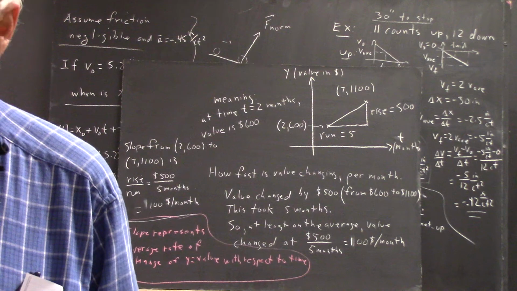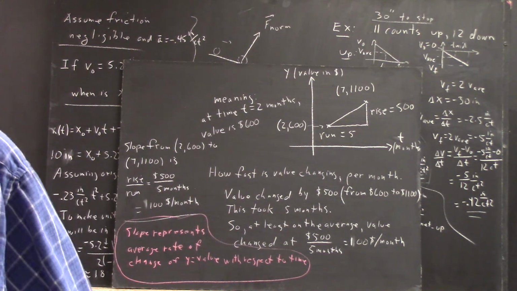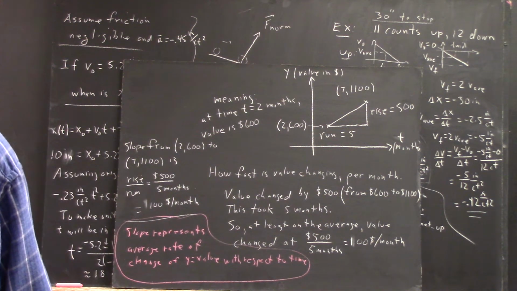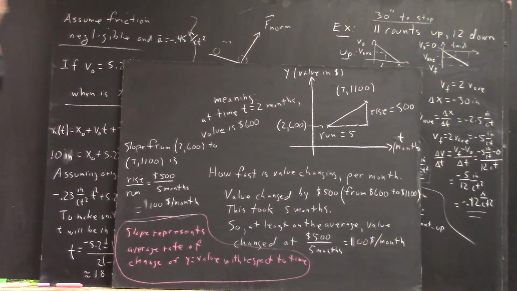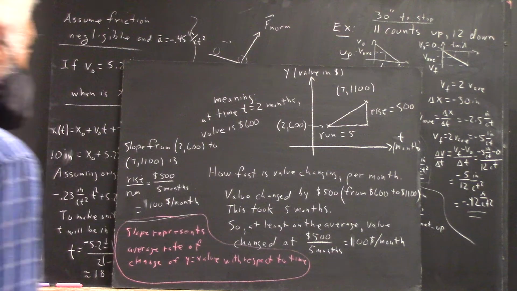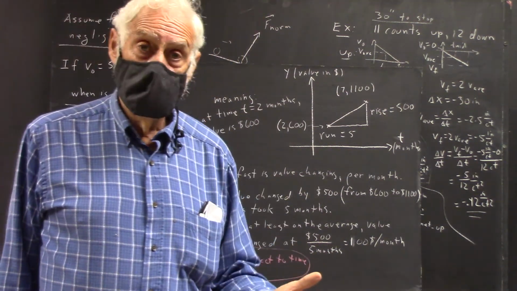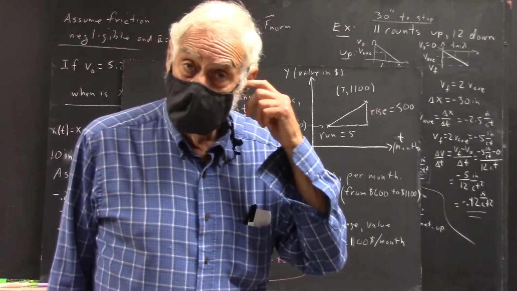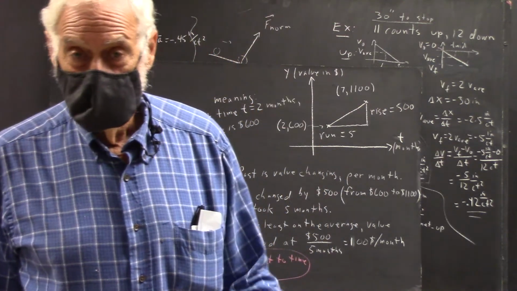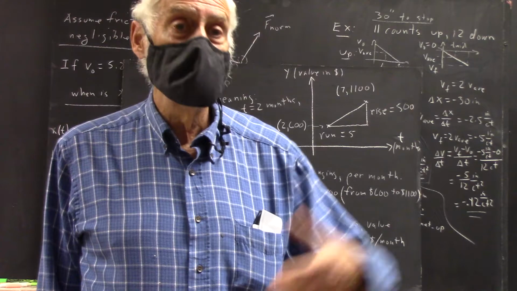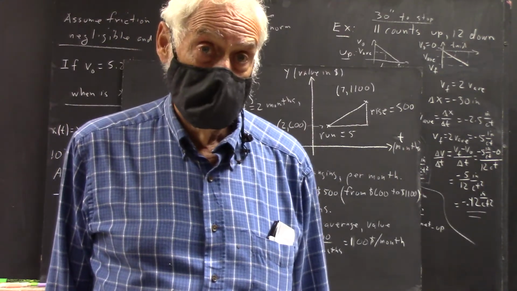That's down 10 pounds in 5 months. That's 2 pounds a month, right? And of course, it's negative 2 pounds per month, meaning that I would have been losing weight. On the other hand, if I went from 160 to 180 in that time, I'd be gaining 4 pounds a month, right?